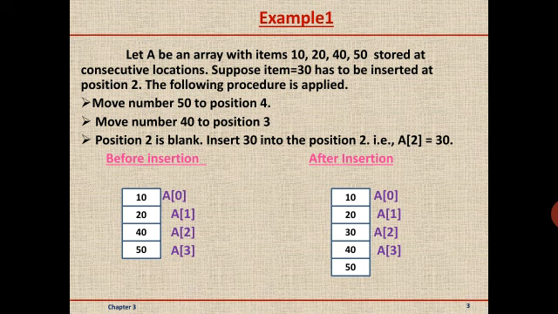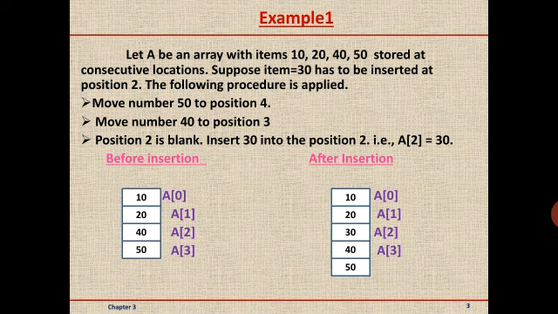So item 50 is shifted to the next position, that is 4th. Similarly, next element, that is 40, is shifted to position 3. Similarly, at the last we are inserting the new element, that is 30, at position 2. So after insertion in this way it will happen.